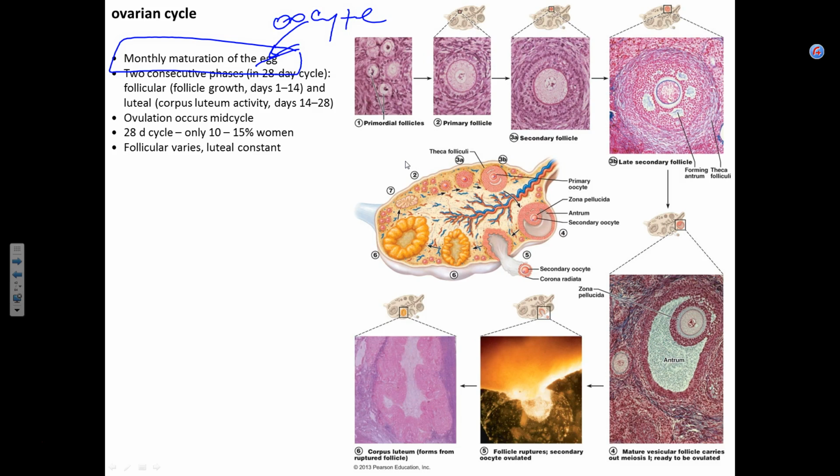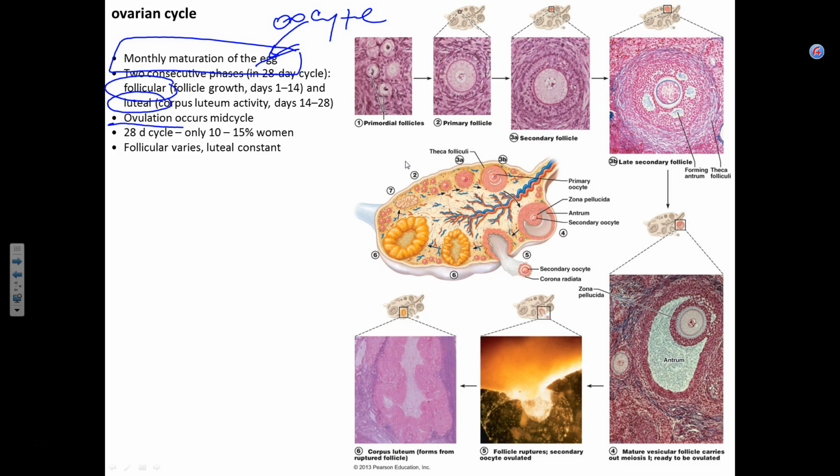Ovarian cycle consists of 2 stages. Follicular, which runs from day 1 to day 14, and luteal, that runs from day 14 to day 28, separated by the culmination of that cycle, the process called ovulation. A 28-day cycle is rare.